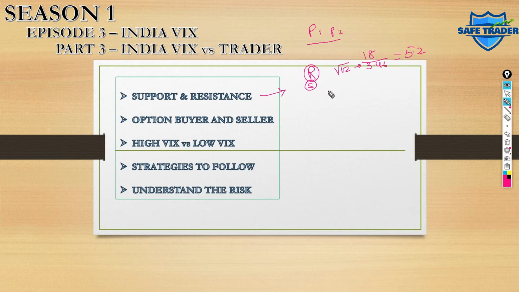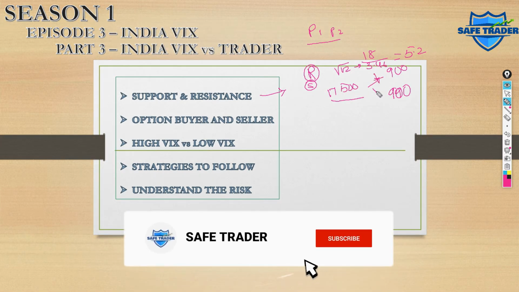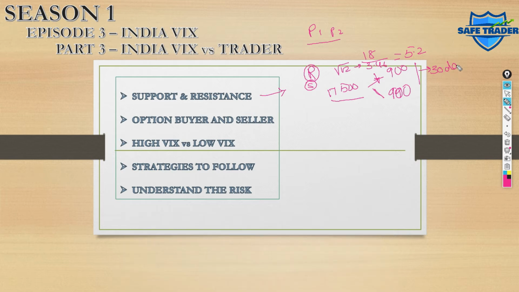If Nifty is trading around 17,500, then 5.2% is approximately 900 points. So we can expect Nifty to be volatile between 17,500 plus 900 points and minus 900 points for the next 30 days.